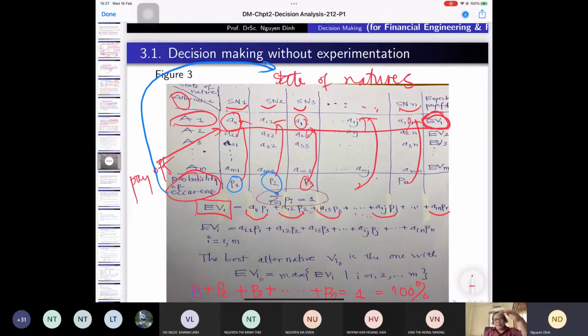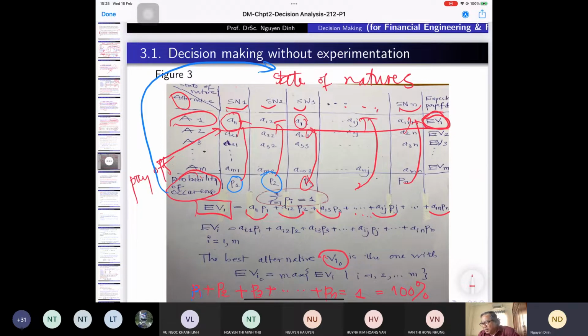And in that way, you have EV2, that means the expectation of A2, A3, and you compare all of the expectations, EV1, EV2, EVm. The biggest one, the maximum of these, is the thing that you should choose.